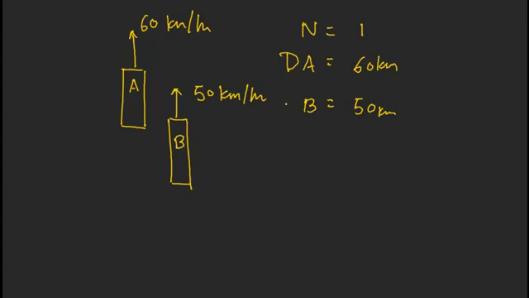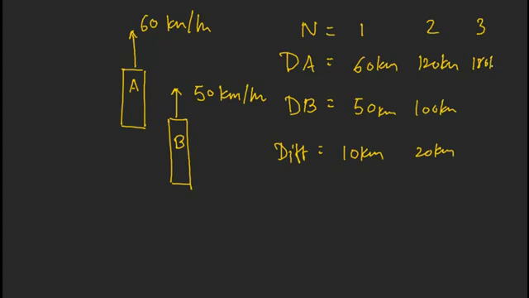This is the distance covered by car A and this is the distance covered by car B, and the difference between the distances covered is 10 km. For the second hour, this will be 120 km and this will be 100 km. The difference would be 120 minus 100, that is 20 km. For the third hour, this will be 180 km and 150 km. So the difference is 30 km.